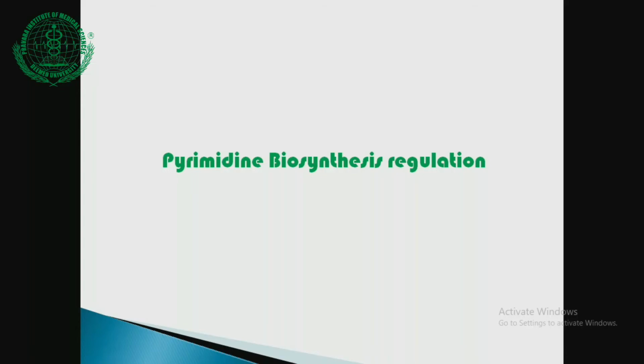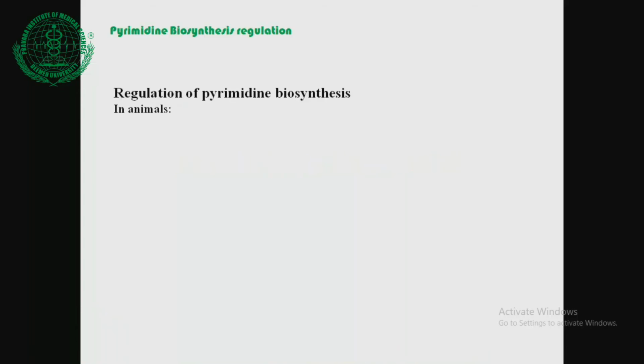Let's view the regulation of pyrimidine biosynthesis. Regulation of pyrimidine biosynthesis in animals or mammals is mediated by an enzyme called carbamoyl phosphate synthetase 2.